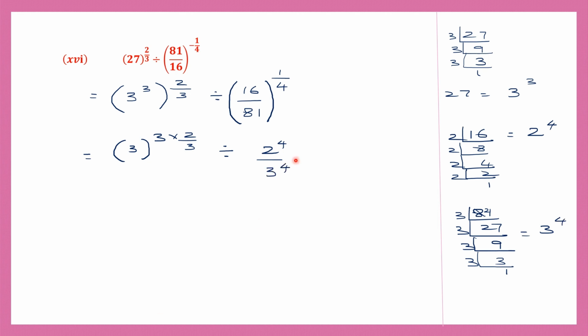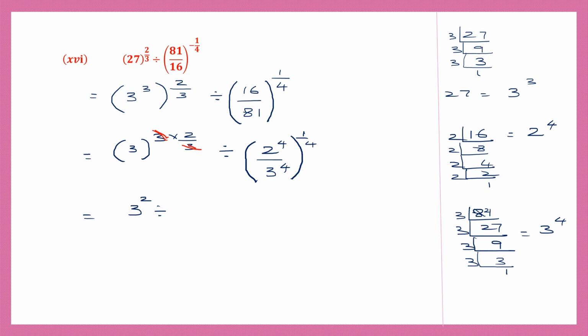Now this whole thing is raised to the power of 1 by 4. So here, first let's cancel this. 3 and 3 are cancelled. These two are cancelled. So what do we have? We simply have 3 raised to the power of 2 divided by, now here, look at this. Since the powers are common, instead of writing 2 to the power of 4 and 3 to the power of 4, I can just write 2 by 3 raised to the power of 4 because the powers are common.